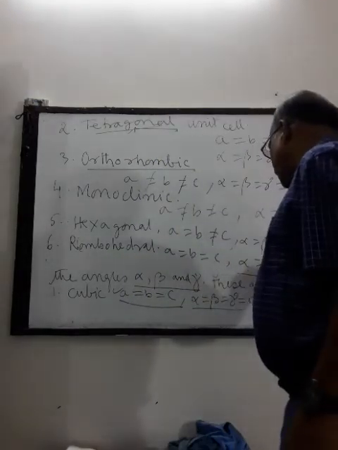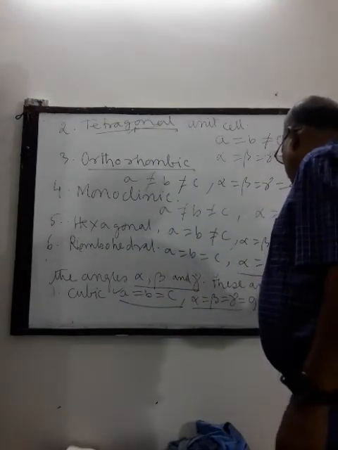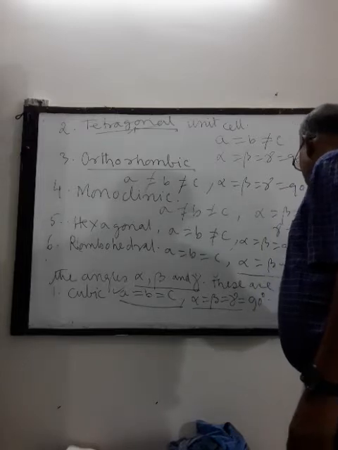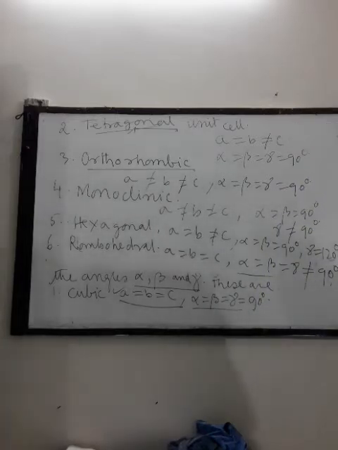Angles are also the same, but not equal to 90 degree. So in any unit cell where three sides are the same and all three angles are equal but not equal to 90 degree, then such unit cell is called rhombohedral.